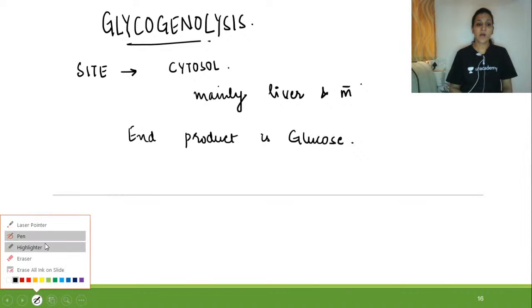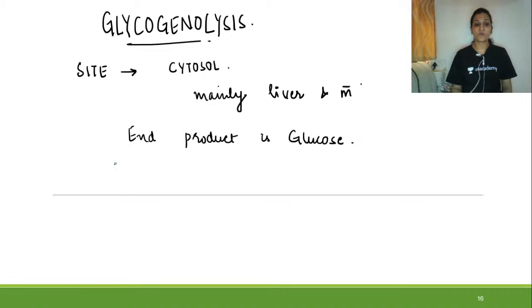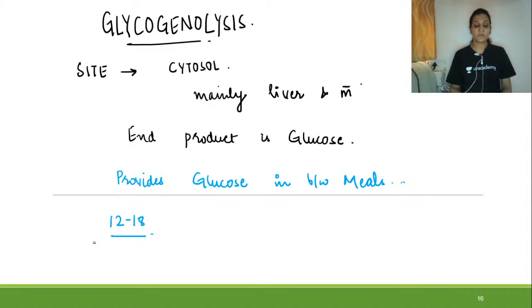Now, why this process occurs: to provide glucose in between meals. Whenever there is a gap of around 12 to 18 hours in the meals, the glycogen stored will start depleting.